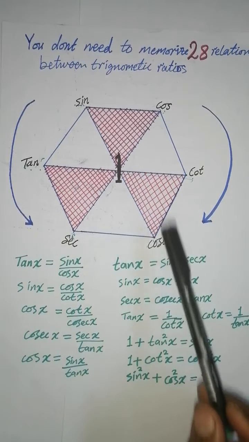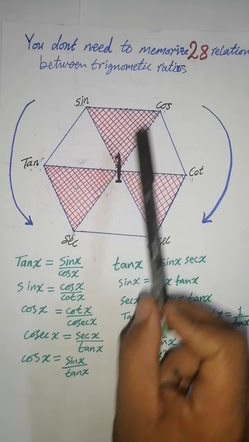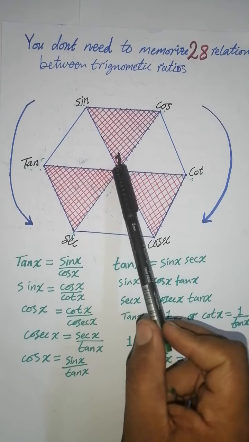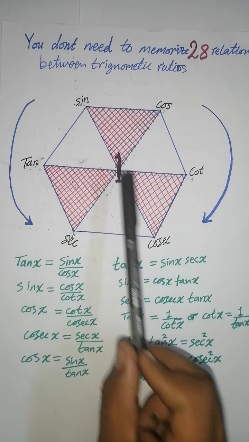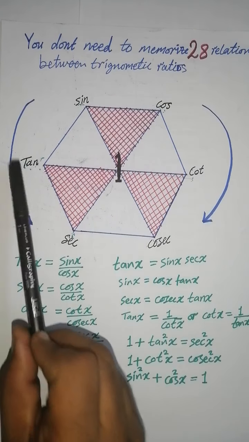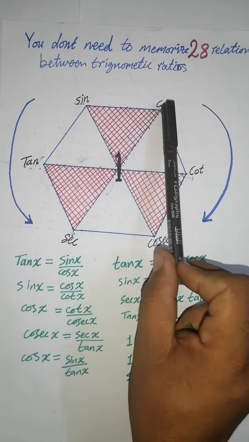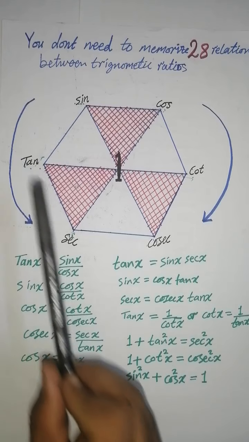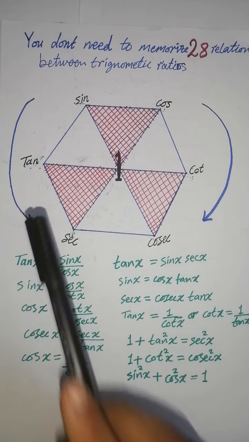Or using the diagonals, these three diagonals, sec equals 1 over cosine, and cosine equals 1 over sec. Cosec equals 1 over sine, and sine equals 1 over cosec. And tan equals 1 over cotan, and cotan equals 1 over tan. And using the red triangles, sine square plus cosine square equals 1, 1 plus tan square equals sec square, 1 plus cotan square equals cosec square.